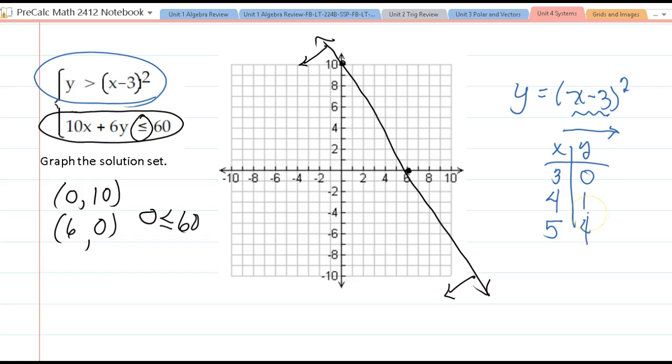So what we're seeing here is at (3, 0), I have a point. At (4, 1). And then if I go over 2 to the 5, I go up 4. So we should see that our parabola is doing this. And it has an axis of symmetry, so it's doing the same thing on this other side.